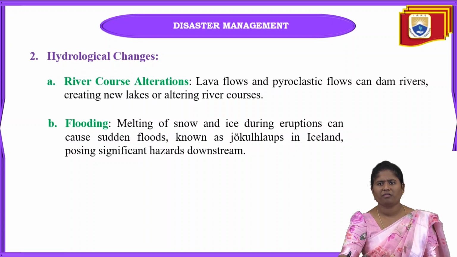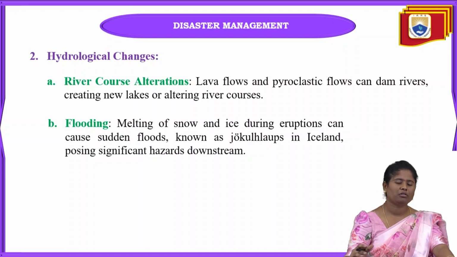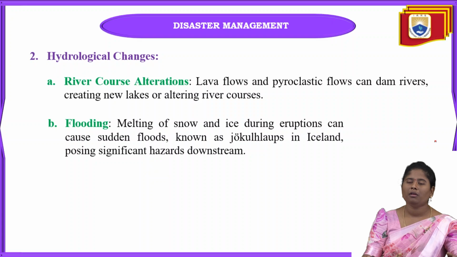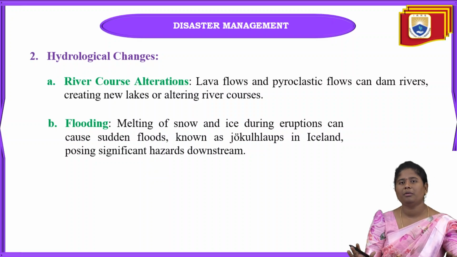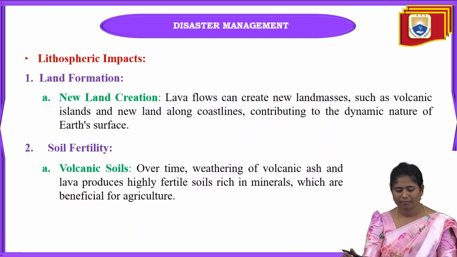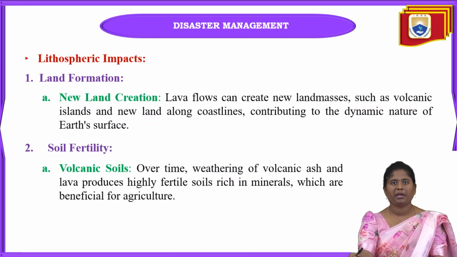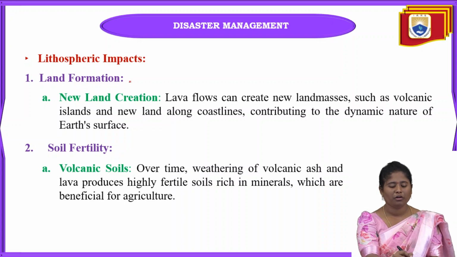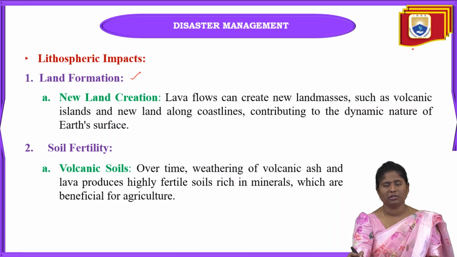Anywhere that snow or ice melts because of a volcanic eruption, this can cause a significant downstream hazard also.